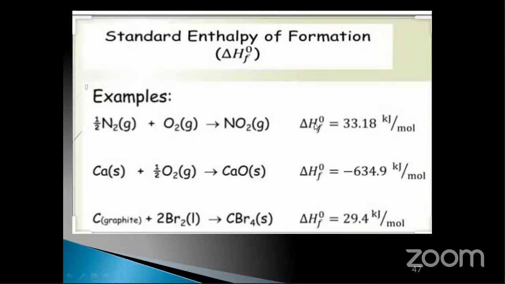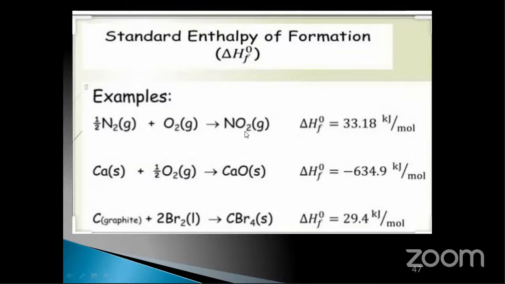And the standard enthalpy H0 is denoting that this is the enthalpy of formation in the standard state. So delta H0F, the enthalpy of formation of nitrogen dioxide, is 33.18 kilojoules per mole.